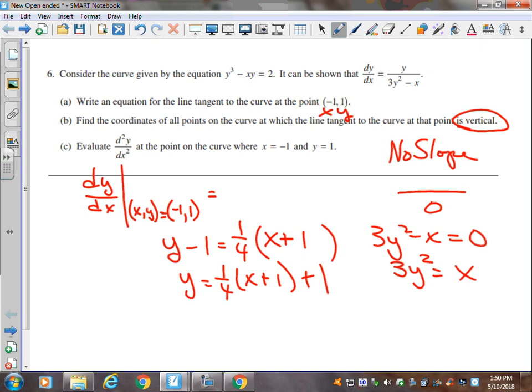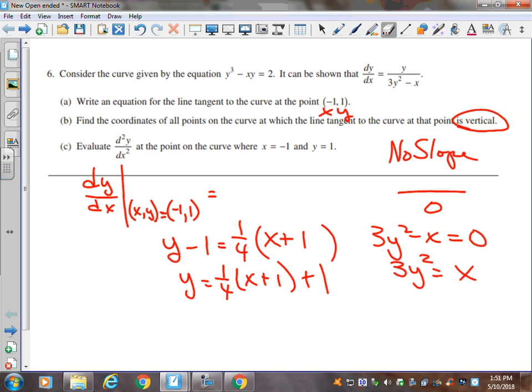Does that make sense so far? Now, this is the derivative formula. We've got it set up. We could plug that in over here for x, so we'd have all one letter, solve it, and then we'd know where it happened. Because this is the relationship in the derivative, this one's got to be tripled and squared to be equal to the x.